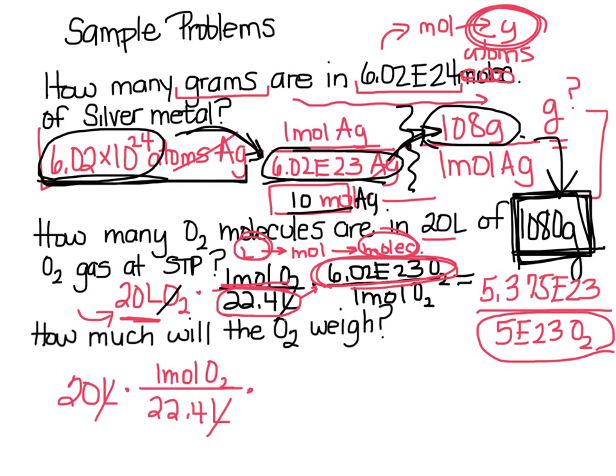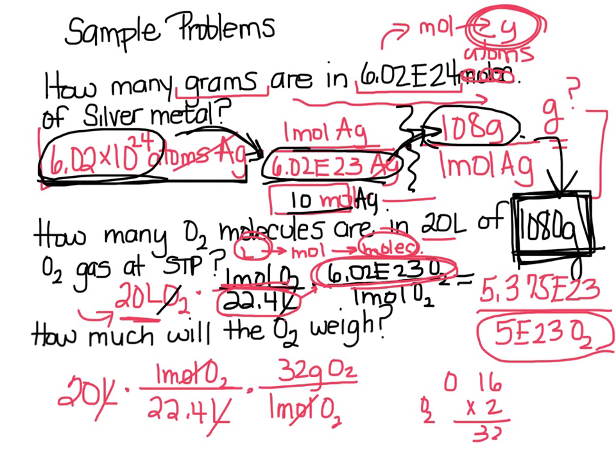Liters will cancel, but this time they want to know how much it weighs. And so if we go to the periodic table, we're going to find that oxygen weighs 16, and there's 2 of them in O2, so that's 32 grams. So 1 mole of oxygen, this way moles will cancel, weighs 32 grams. So to solve it, we will take this number.